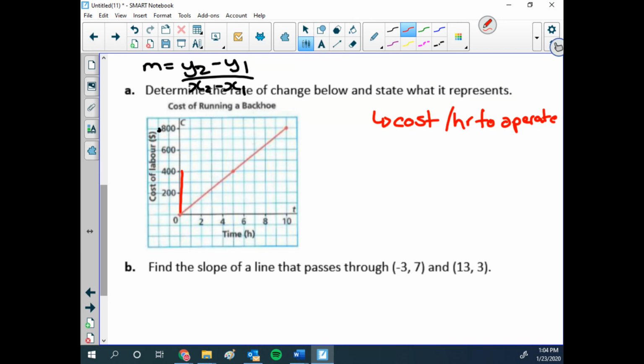Make sure you're looking at the scale of the question. Just because it's 4 tick marks doesn't mean that it's equivalent to 4. So m is equal to the rise of 400 over the run of how much? Each tick mark here is actually worth something, so over 5, whatever that gives me, 80. So the slope here would be like $80 an hour.